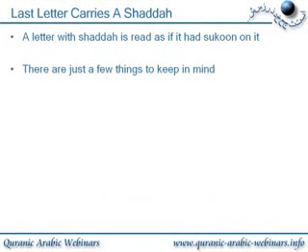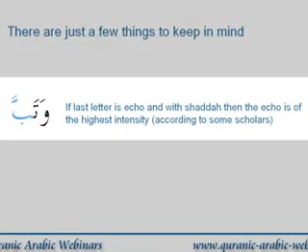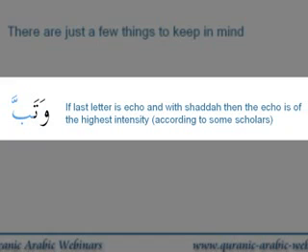Okay, now we're going to look at what happens when the last letter carries a shadda. A letter with shadda is read as if it has a sukoon on it. There are just a few things to keep in mind. First thing, if the last letter is an echo letter with shadda, then the echo is of the highest intensity, according to some scholars.